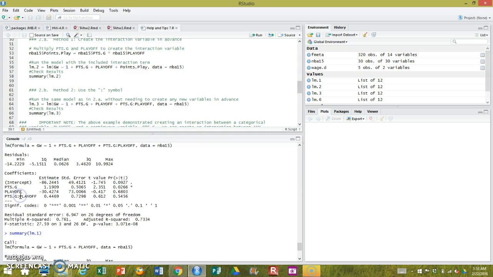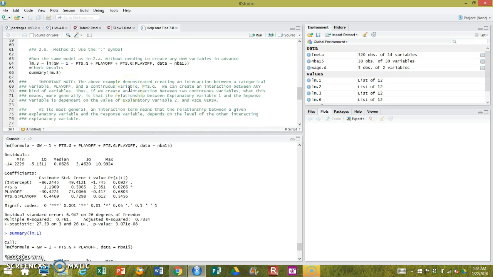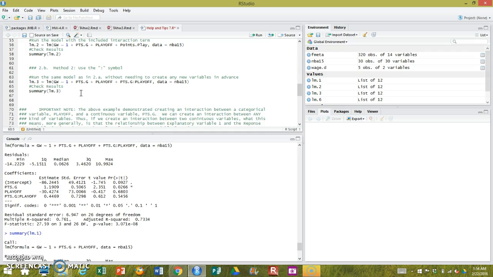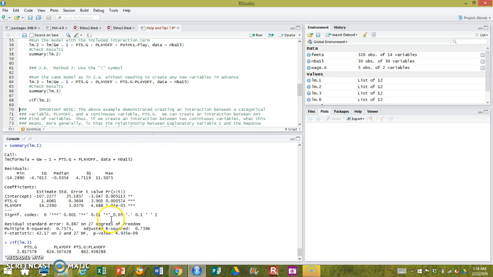And we tend to expect this with interaction terms because an interaction term is made up of the other explanatory variables, so there very well may be some overlap. So let's check the VIF on this interaction model, LM.3. And sure enough, look at that.